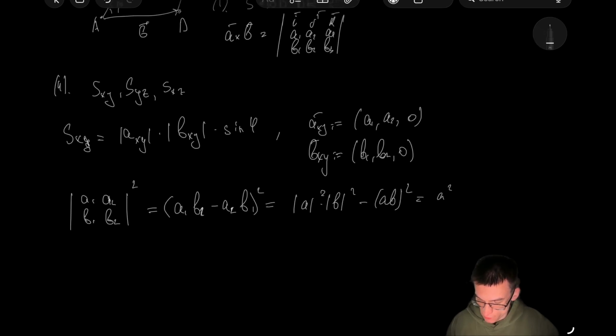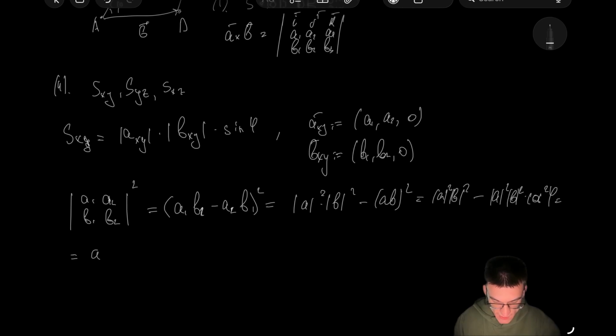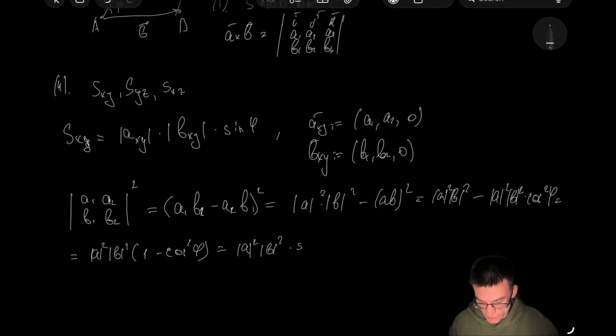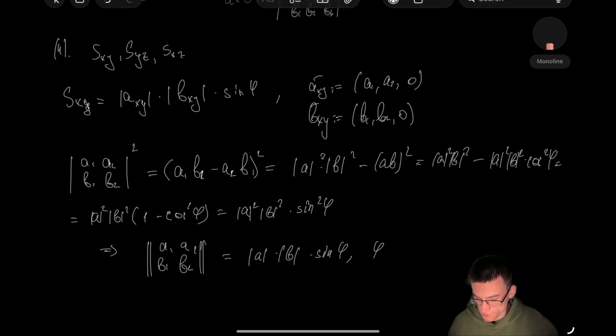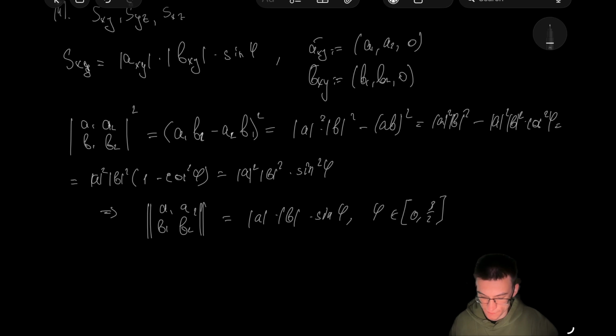Now, this is a squared b squared minus a squared b squared cosine squared phi, which is the same as a squared b squared factored out times 1 minus cosine squared phi, which by trigonometric identity gives us a squared b squared times sine squared phi. Consequently, if we take the square root here, the absolute value of the determinant equals the magnitude of a times the magnitude of b times sine phi, given that phi lies in the interval from 0 to pi inclusive, because sine should be positive. That all looks good.